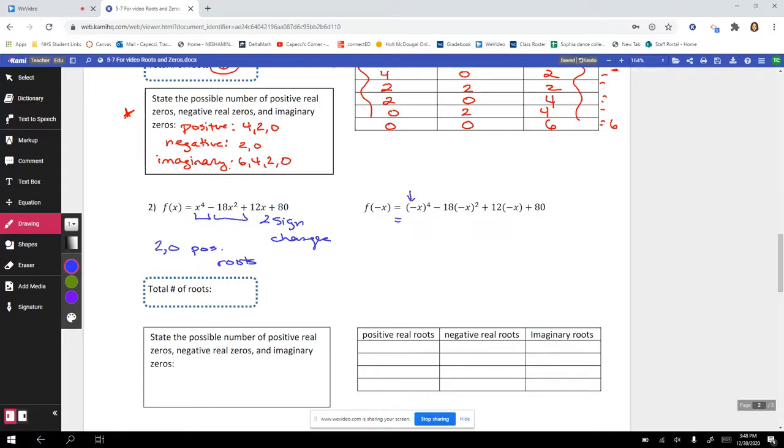Remember, this is -1. -1 to the 4th power would be +1, so that's x to the 4th. This becomes positive. That -18 is going to be multiplied by a positive, minus 12x plus 80. So in this case, I have 1 sign change here and 1 sign change here. So I have 2 sign changes. So again, I could have 2 or 0 negative roots.